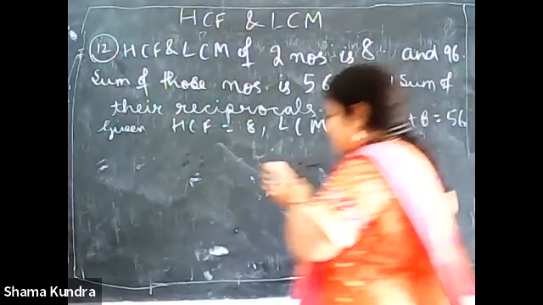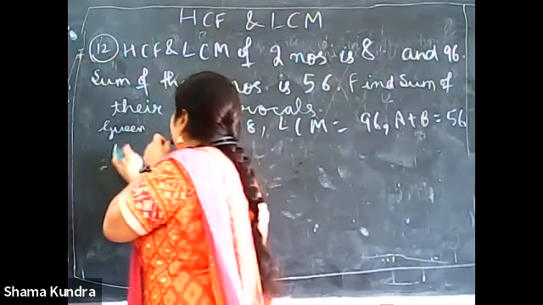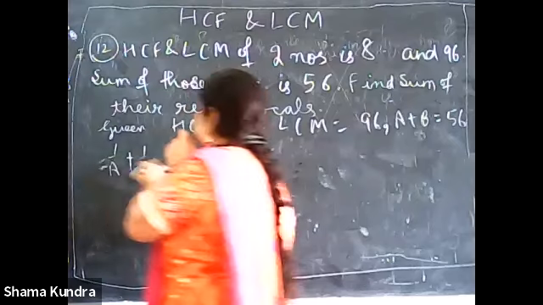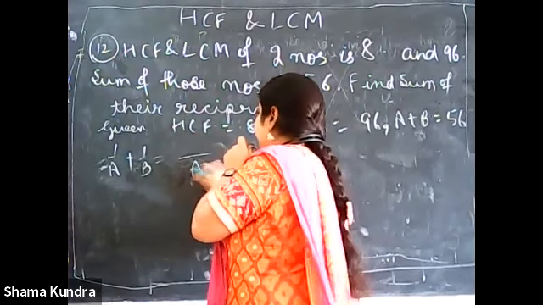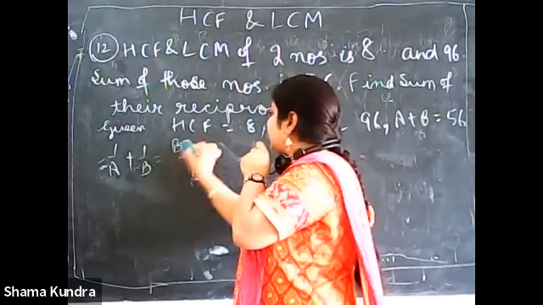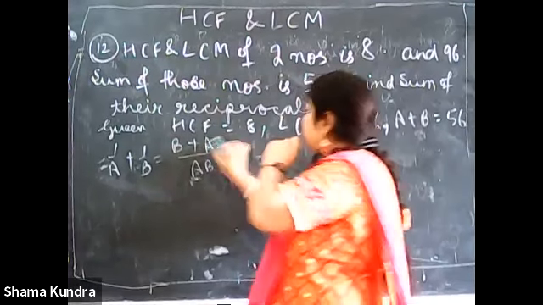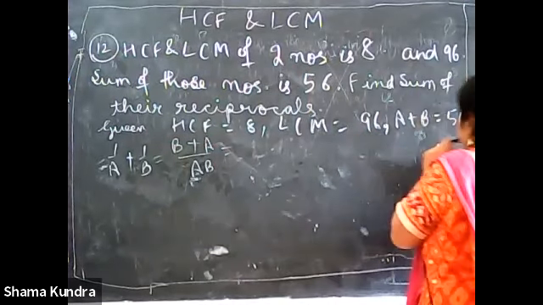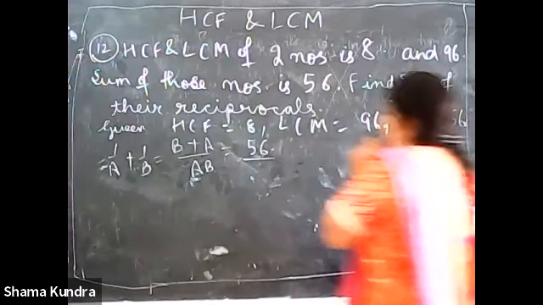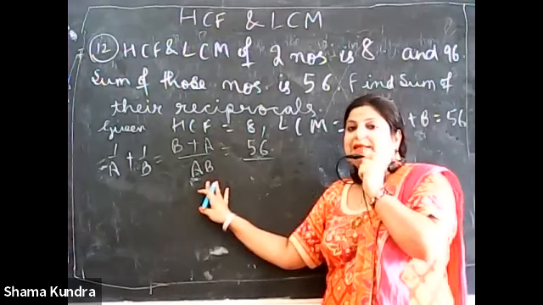The sum of their reciprocals. On reciprocating A and B, you will get 1 over A, 1 over B, and you have to find the sum by taking LCM A into B. A is present over here, so you will get B. B is already present, so you will get A over here. The value of A plus B is given to you: 56. Now the product of numbers. I know the product of two numbers equals HCF into LCM.